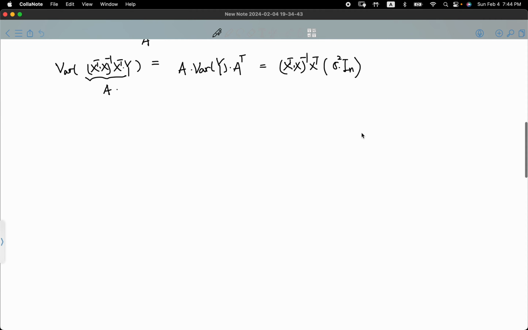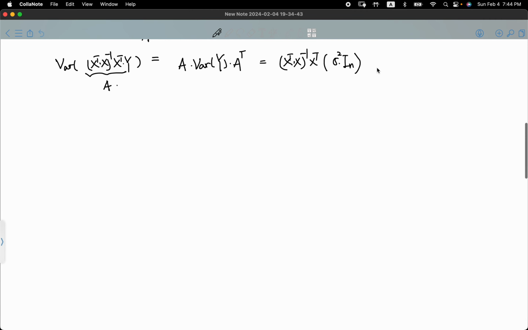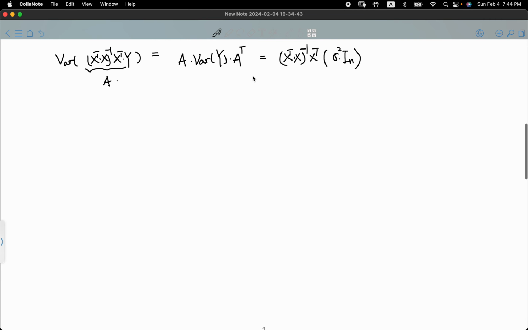Okay, coming back, we have A transpose. So A transpose is X times X transpose X inverse transposed, and this is a symmetric matrix, so the transpose is just itself.